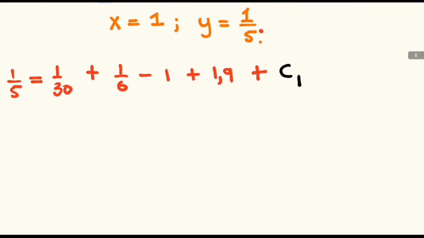And the 1 divided by 5 will be equals to 1 over 30 plus 1 divided by 6 minus 1 plus 1.9, and this will be equals to 11 divided by 10 plus c1.